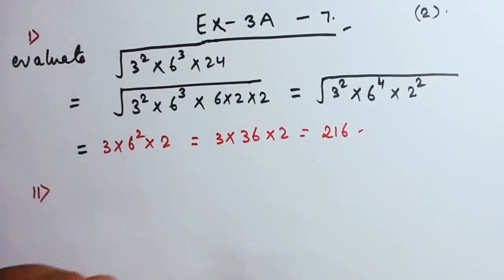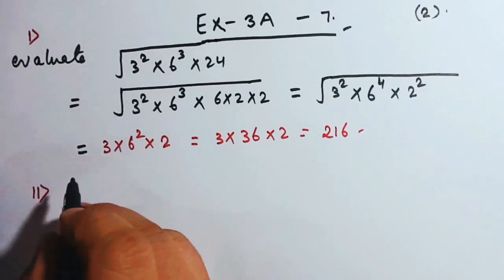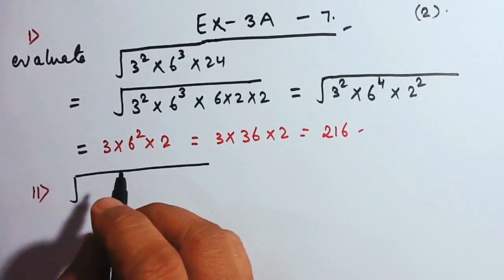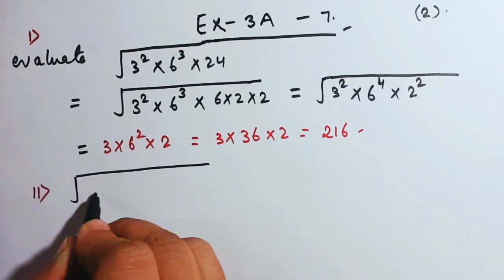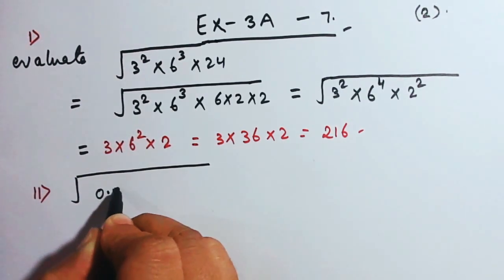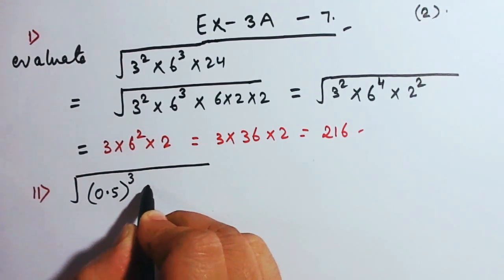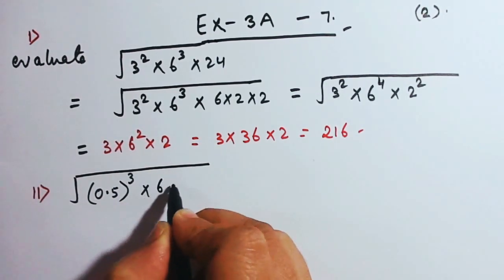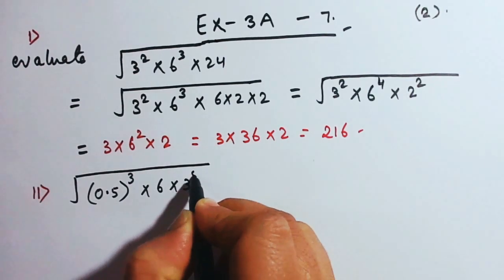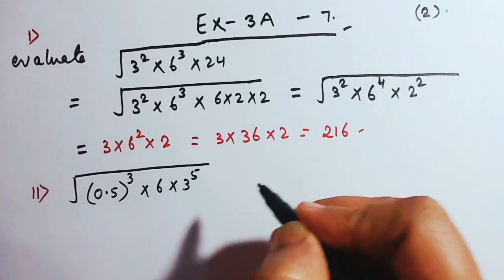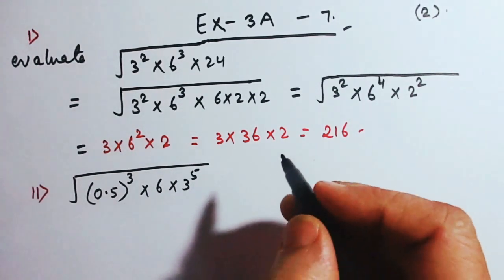In the second one also we find that they have given us a decimal number to find the square root of. Let them give. Now it's our turn to solve all these. In the previous video the explanation for the square root and square was given.